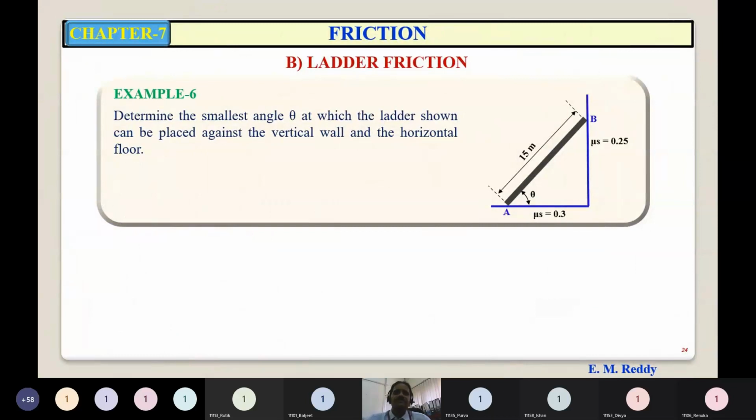Now try to solve this. Determine the smallest angle theta at which the ladder shown can be placed against the vertical wall and the horizontal floor. Smallest angle theta. The coefficient of friction for the horizontal floor is 0.3 and for the vertical wall 0.25.